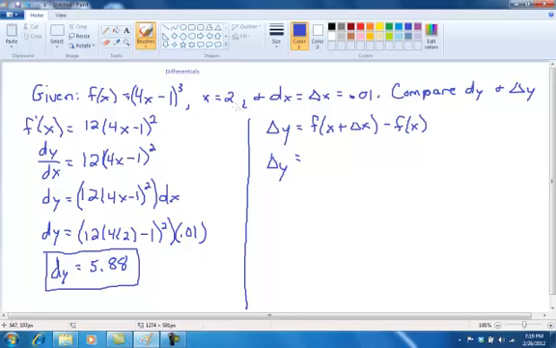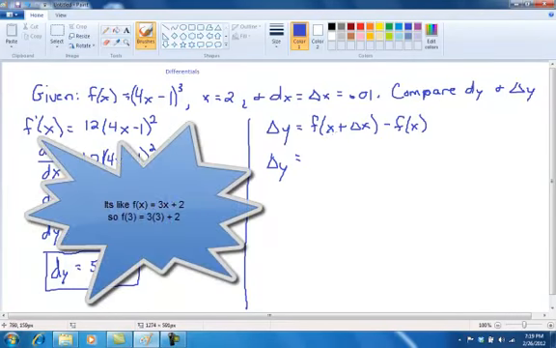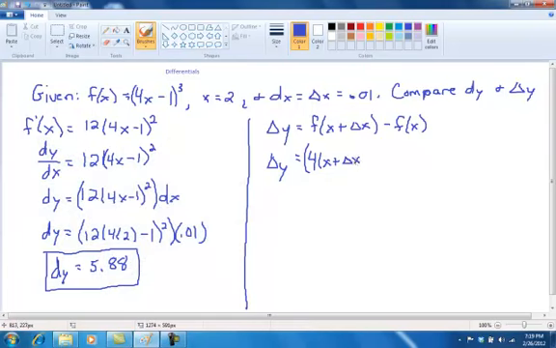We're going to replace wherever we see an x with x plus delta x instead. So I get 4 times (x plus delta x) minus 1, cubed, minus f of x, which is just (4x minus 1) cubed.